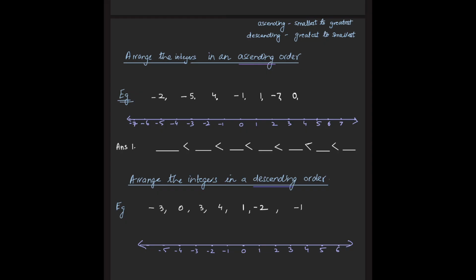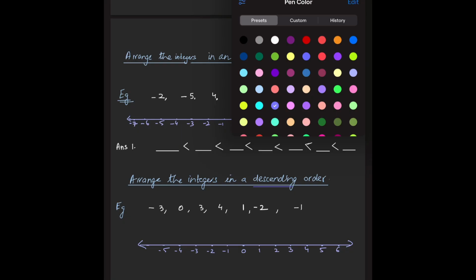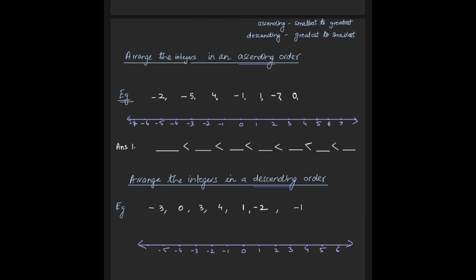All these ones first we will plot. Okay, negative 2, negative 2 is here. Negative 2, negative 5, positive 4, negative 1, positive 1, negative 7 and 0.